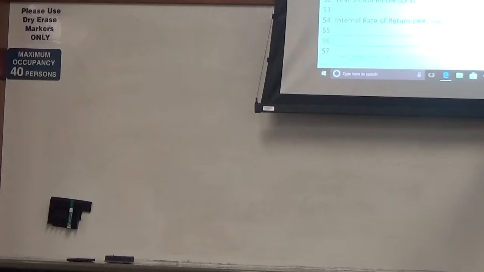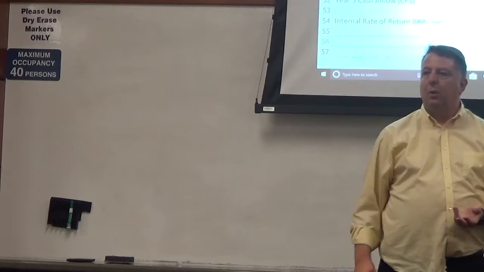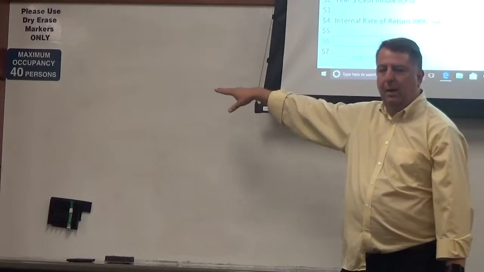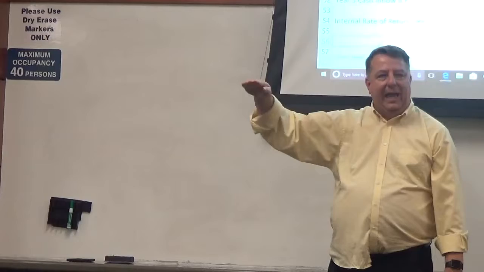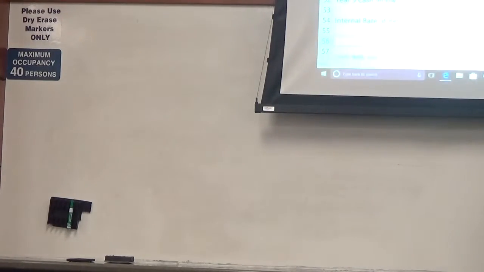Then for the cash flows, the difference between this cash flow and this cash flow is that this cash flow is coming from our net operating income, which happens before, well, I have my model up here. Net operating income comes before annual debt service, okay? So this number is higher because you're not taking out anything for annual debt service.